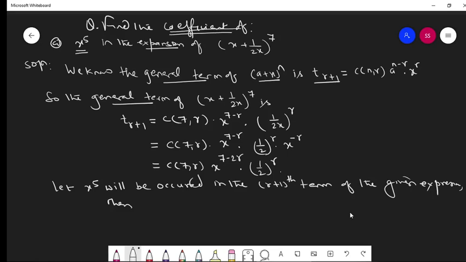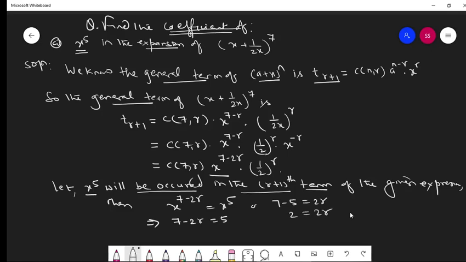If that occurs, then what is the relation? x^(7-2r) equals x^5. We supposed x to the power 5 will occur in the (r+1)th term of the given expression; that's why. So this implies 7 - 2r = 5, or 7 - 5 = 2r, 2 = 2r, therefore r = 1.